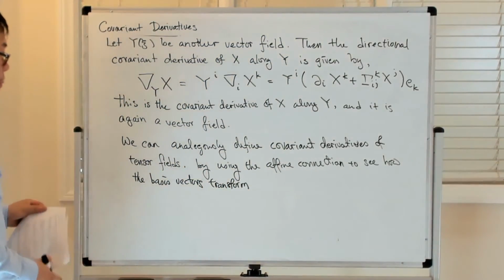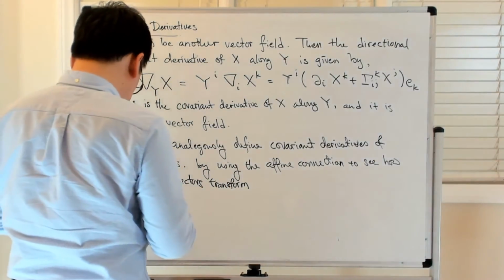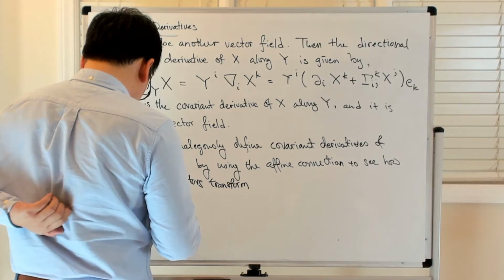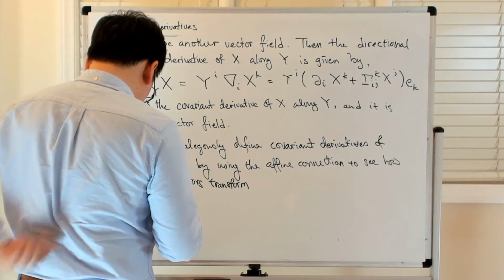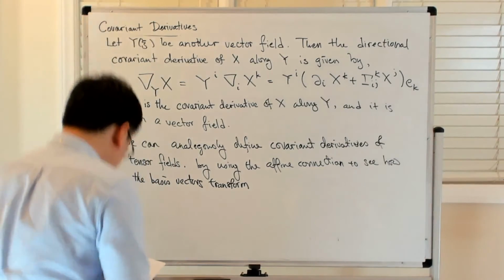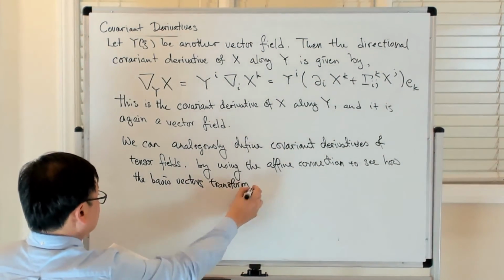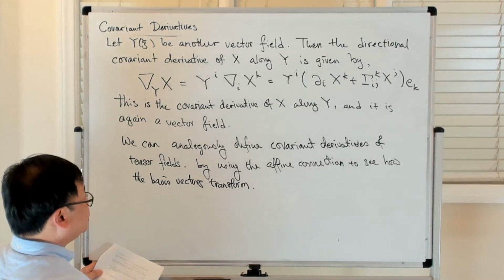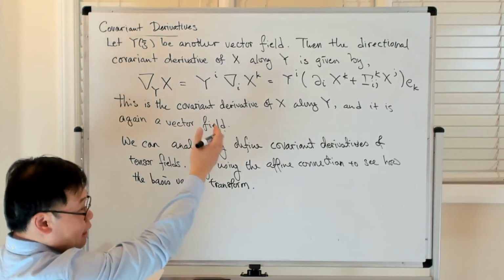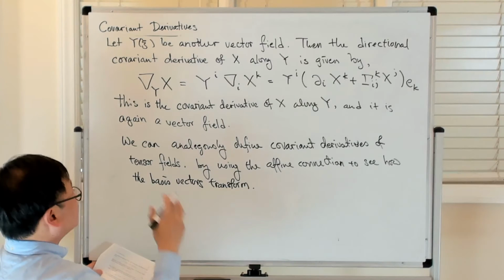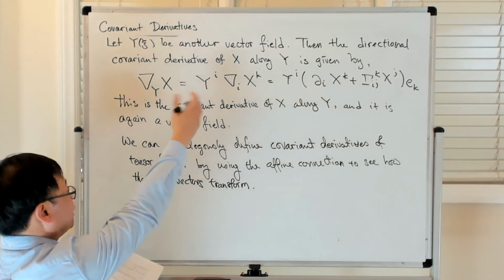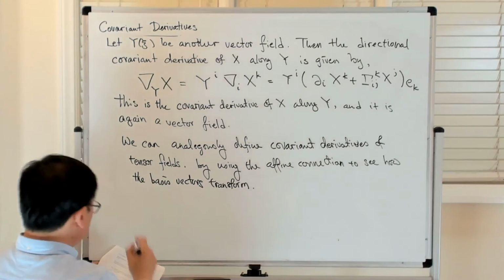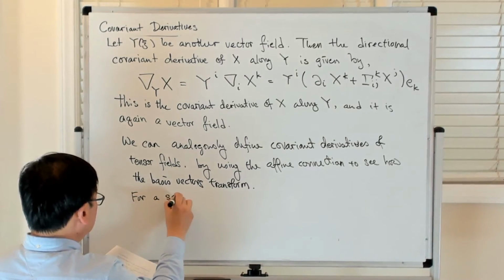Okay, so I won't go into too much of the details about it, but suffice to say that you can use the affine connections in an analogous way to how we derived the covariant derivatives of vector fields, to define the covariant derivatives of tensor fields more generally speaking.